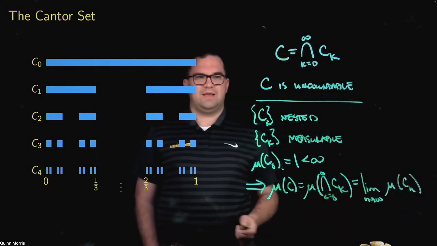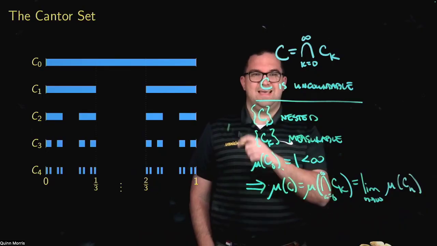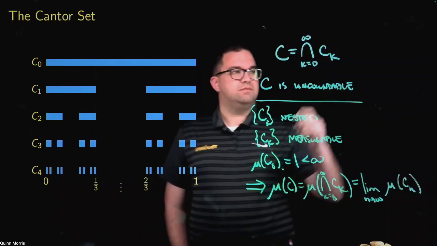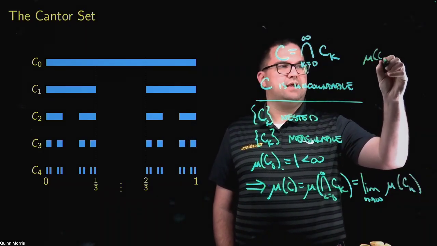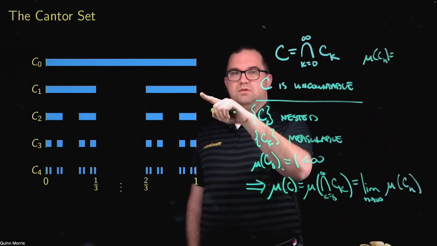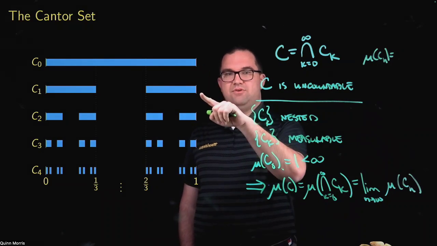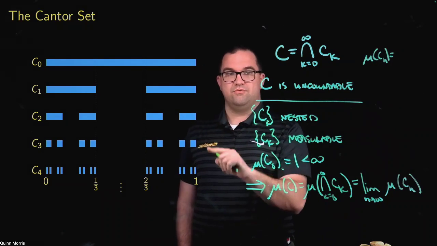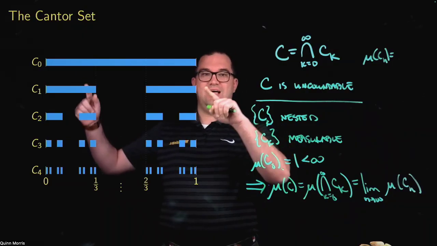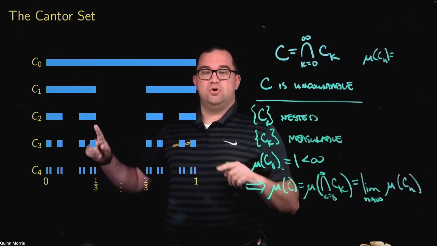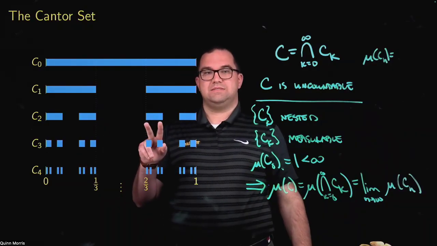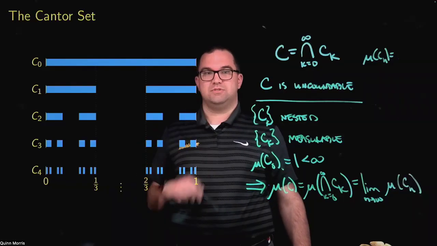Okay. But now you have to ask yourself, well, how can I express the measure of C_n in terms of n? Well, if I look at each of these, notice that here I have one interval, here I have a union of two intervals, 4 intervals, 8 intervals, 16. So one of the first things you can observe is that at the kth level, you have 2^k intervals. And what's the length of each of those intervals?